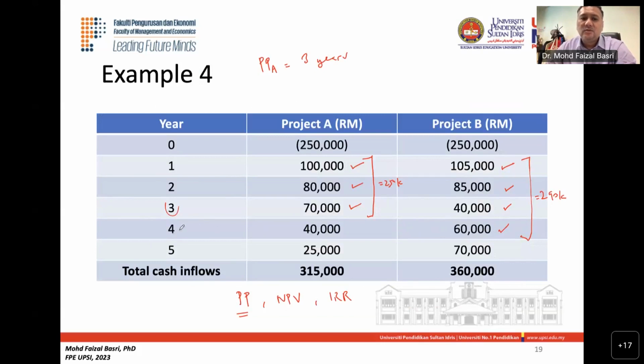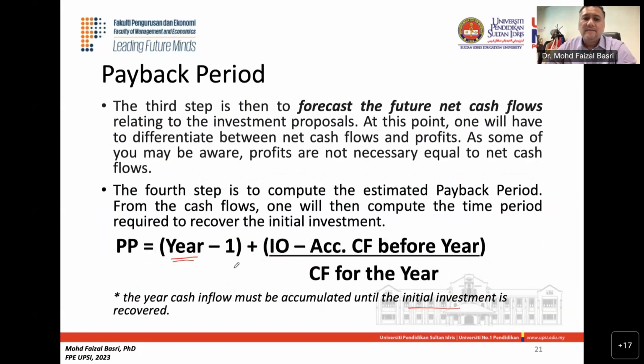So the year in the formula represents year number 4, because year number 4 indicates we recovered the cost. So if we put the formula for the payback period for project B, year is year 4 minus 1. It's always minus 1.